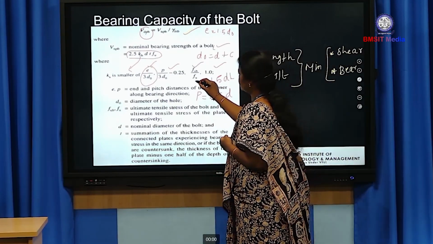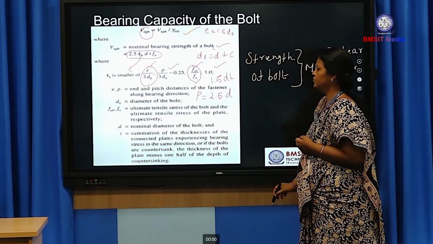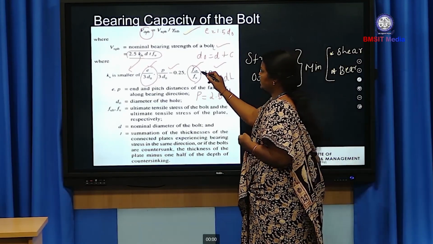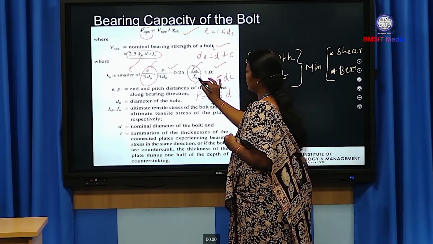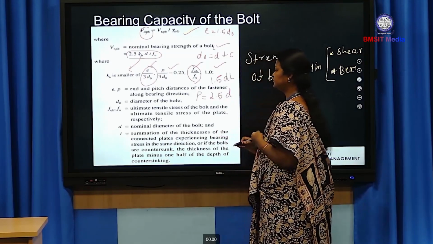So, pitch equals 2.5 times the nominal diameter of the bolt. After that, coming to this one, fub divided by fu. What is fub? fub means the ultimate tensile strength of the bolt. fu means the ultimate tensile strength of the plate.